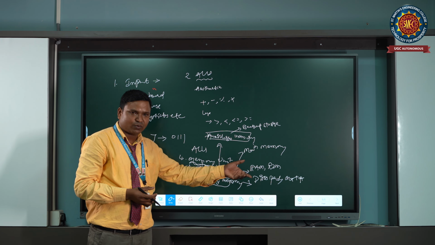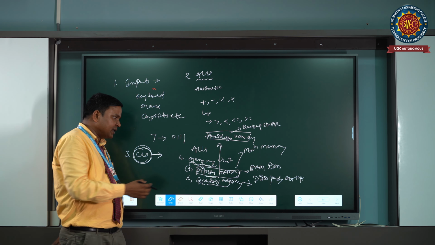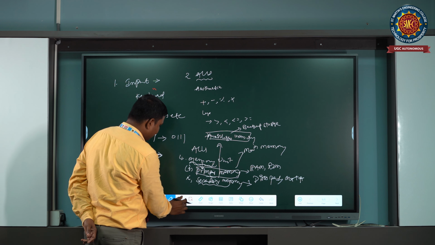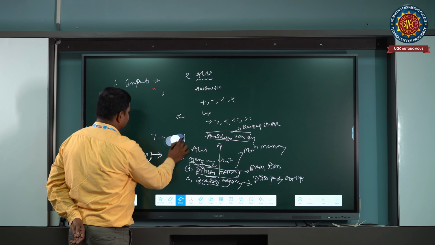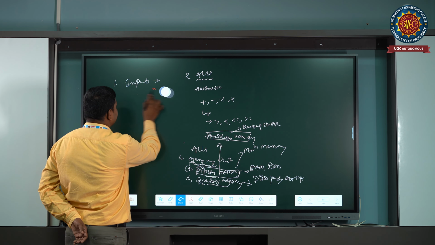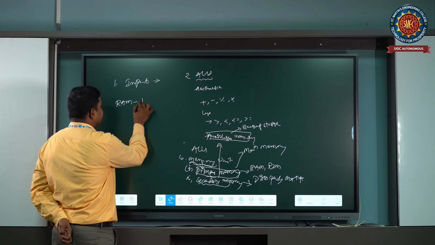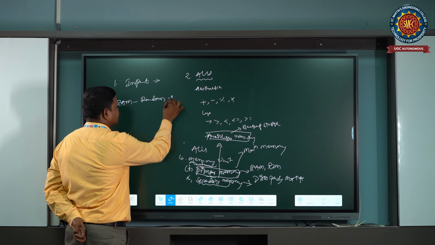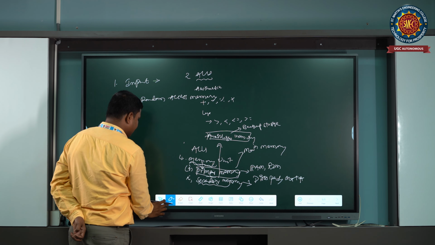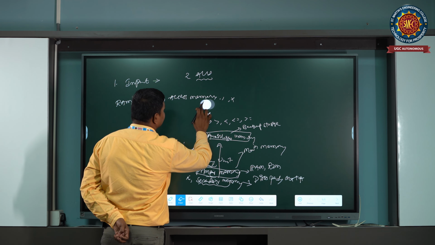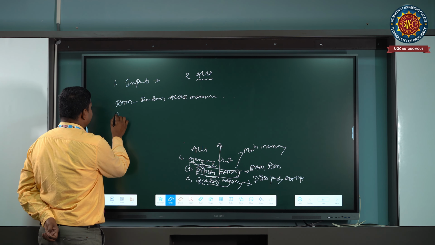Primary memory is RAM and ROM, the main memory. What are RAM and ROM? RAM is random access memory, and ROM is read only memory.